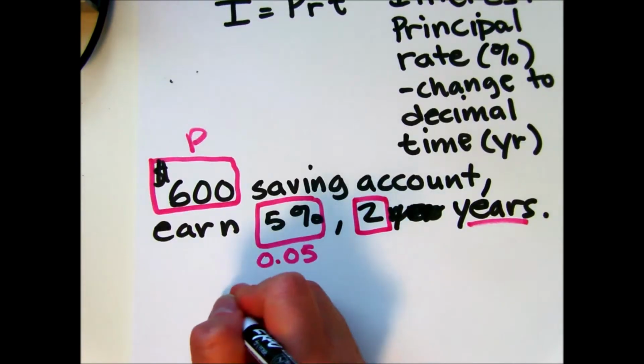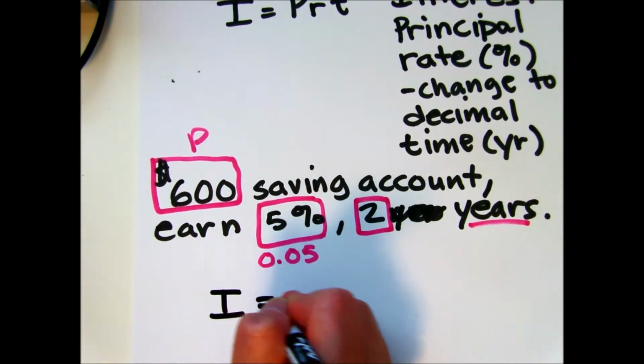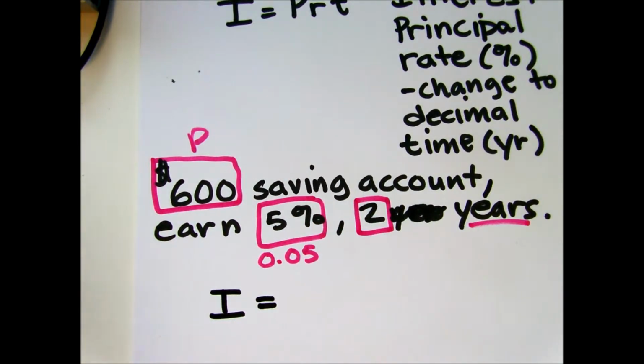Remember, the I stands for interest, and that's what we're looking for. We want to know how much interest we're going to earn if we keep $600 in the bank for 2 years and it earns 5%. The other thing that we might want to know is how much are we going to have after the 2 years, the principal including the interest.